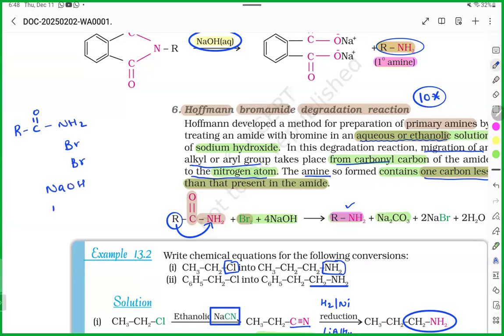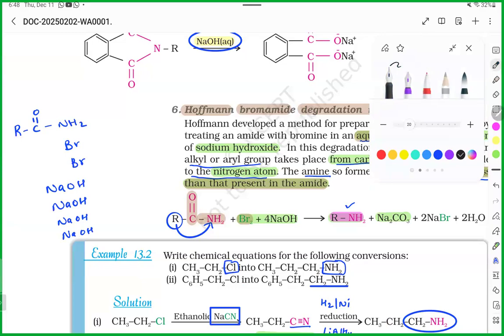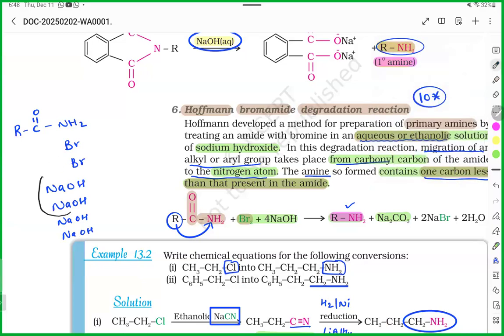Tell me, guys, isn't it possible to remove two NaBr because of highly stable salt? Removal of two H2O molecules, because again, stable molecule. Isn't it possible to remove?